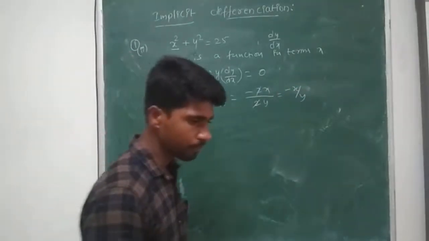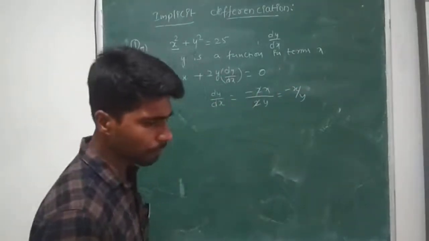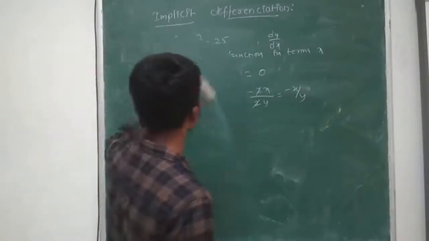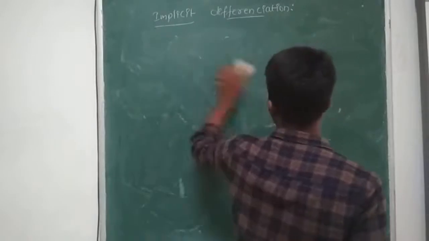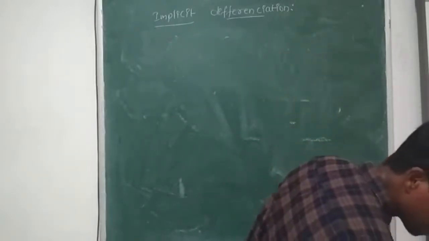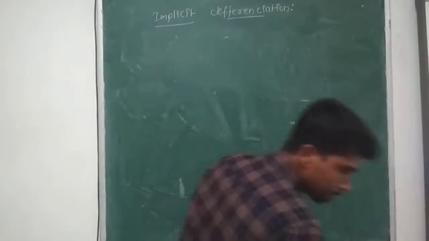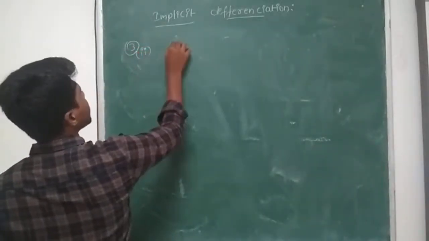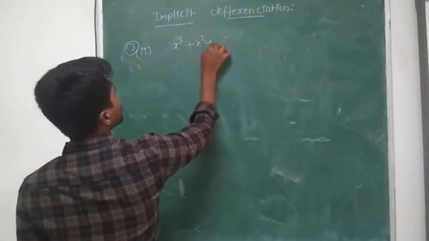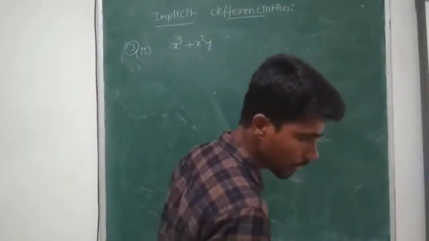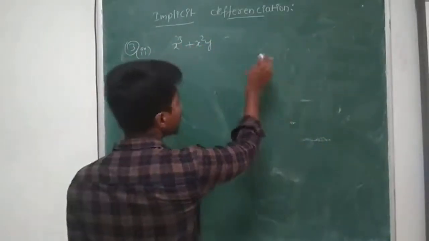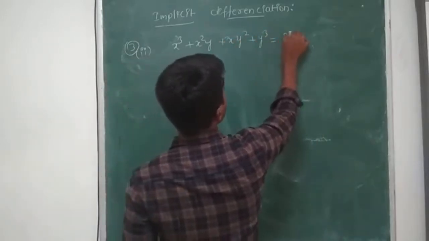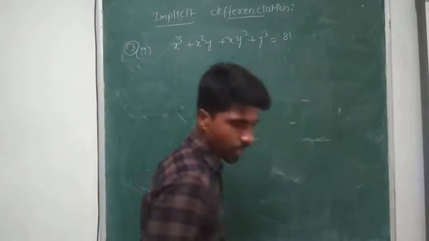Next, one more question. Second, x cube plus x square y plus xy square plus y cube, which is equal to 81.